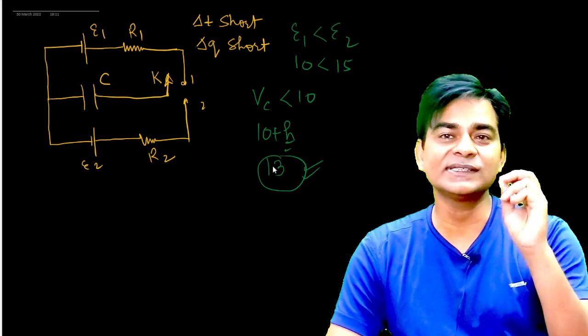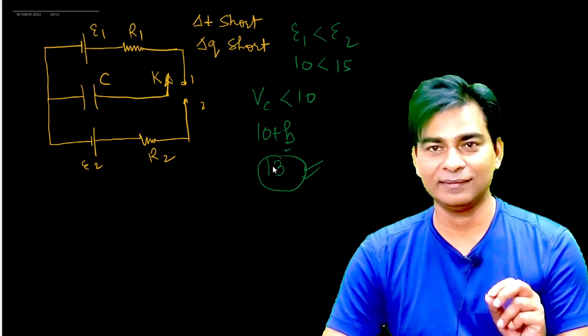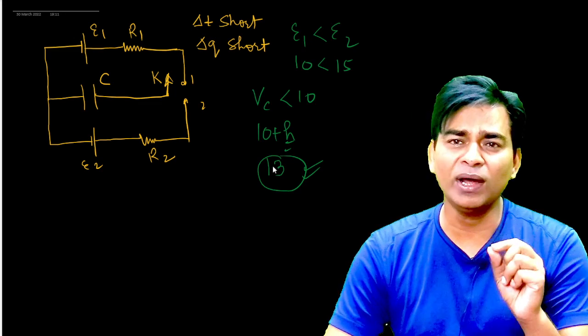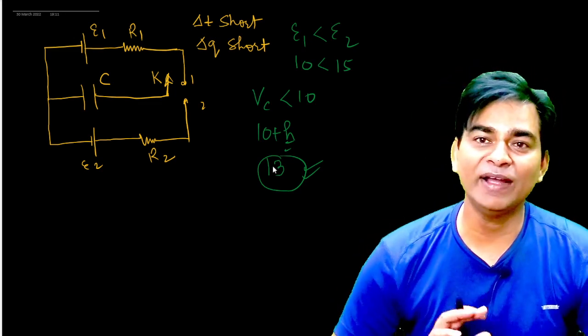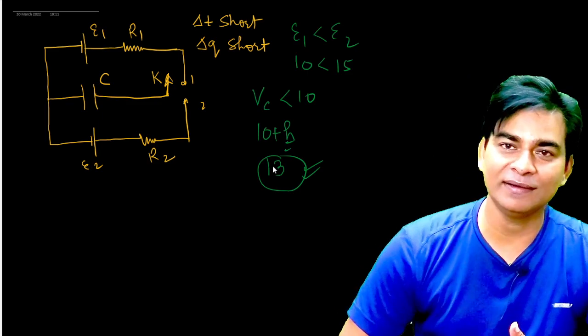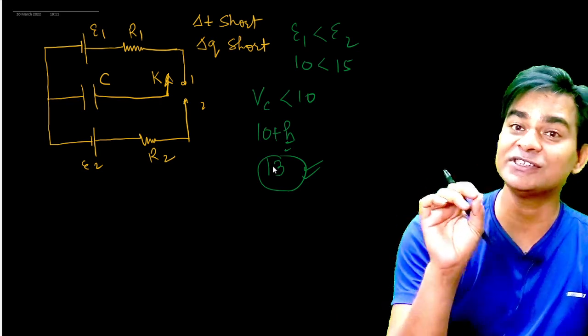A situation will certainly arise when this capacitor receives a small amount of charge from the higher potential battery, and when I switch this position to the lower potential battery, it will release that amount of charge.